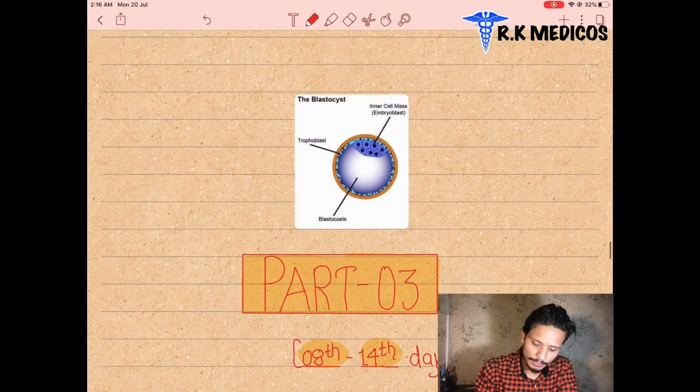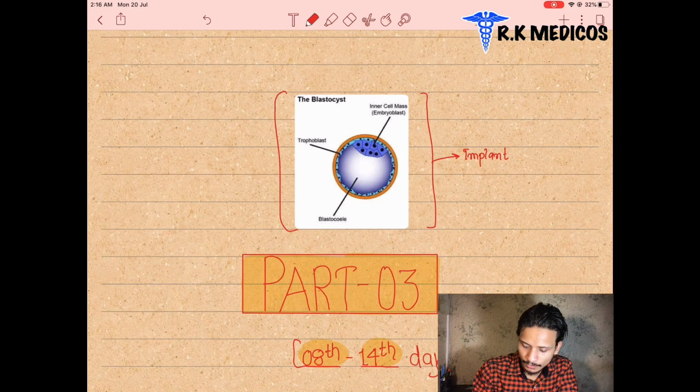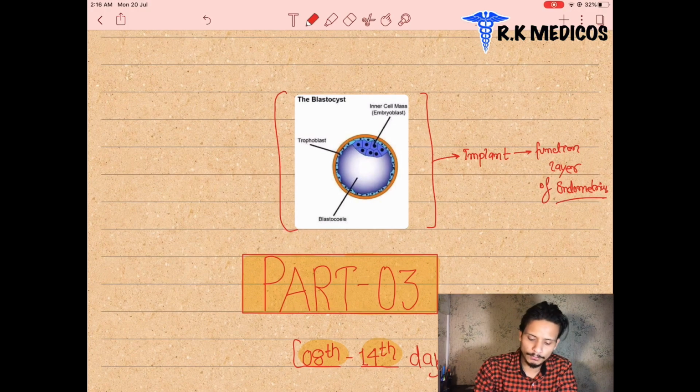In the second part we saw development till the blastocyst stage, and they are going to implant in the functional layer of the endometrium. So this is what we discussed in the first week of our development.